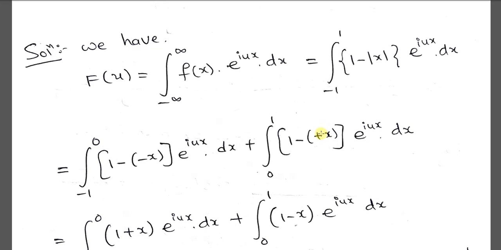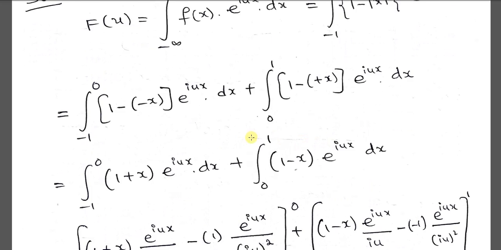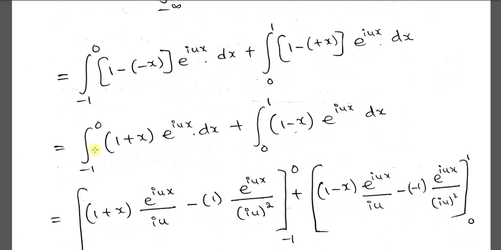But when x is positive, no need to take the minus sign, you have to take plus only. So minus 1 to 0, 1 minus of minus x, f of x value, and when x is positive, that is 0 to 1, f of x is 1 minus of plus x, right? Therefore the first term is minus 1 to 0, (1 plus x) e power iux into dx, and the second term 0 to 1, (1 minus x) e power iux into dx.